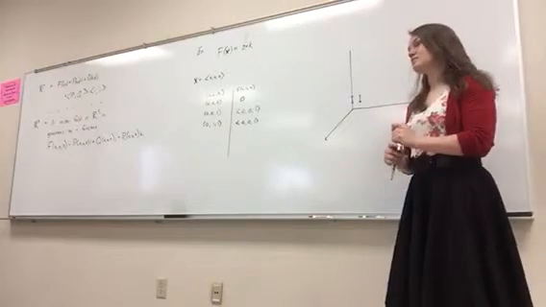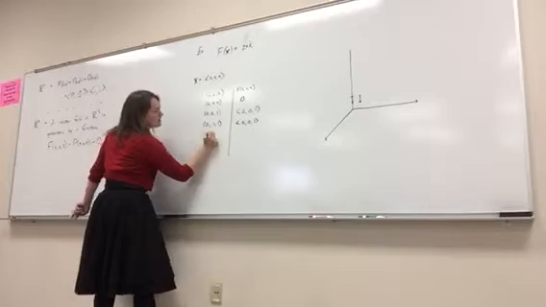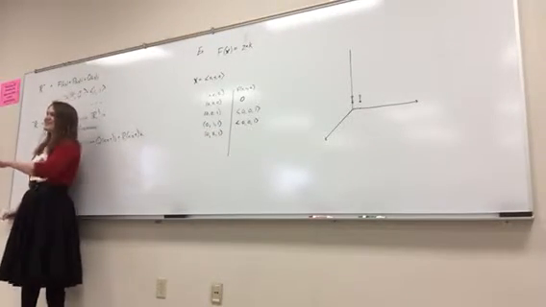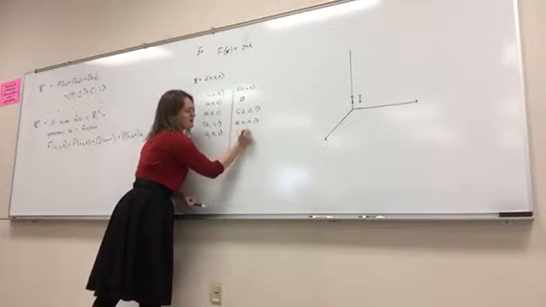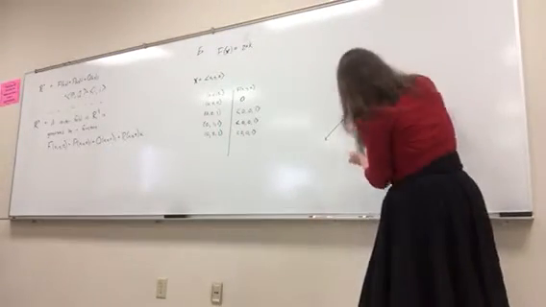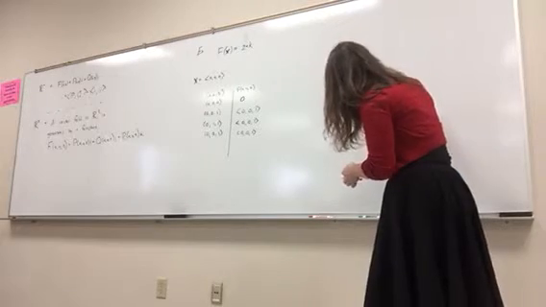I'm going to change it one more time. I'm going to put in 0, 2, 1. I'm trying to make a point. What will my vector be? 0, 0, 1. Okay, x is 0, y is 2, z is 1, and my vector is 1 unit long right there.